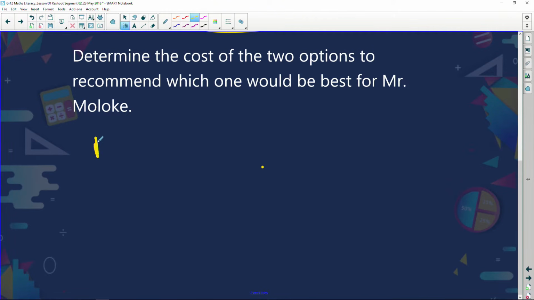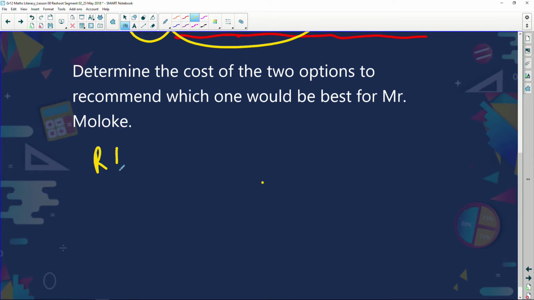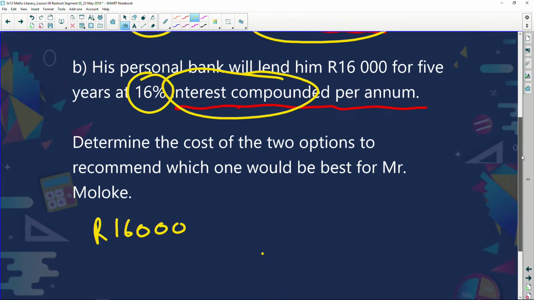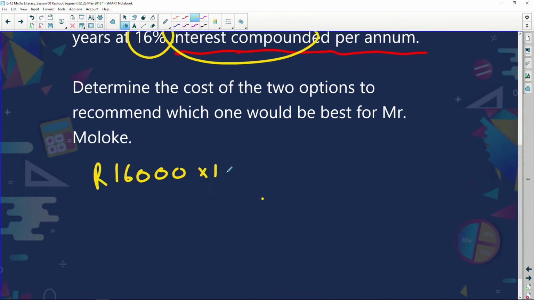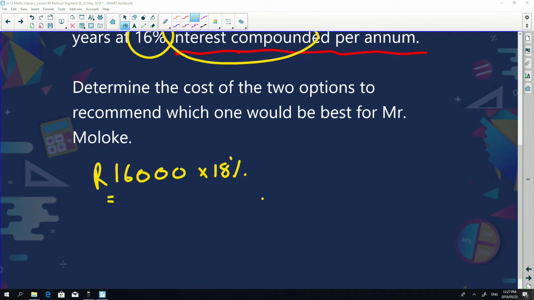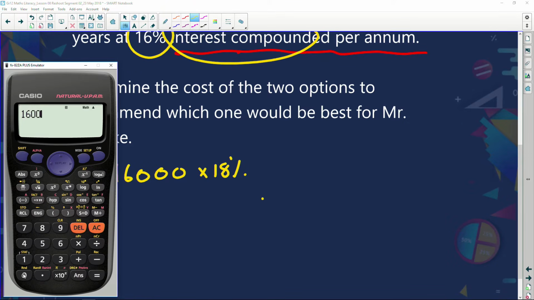We're going to say we're borrowing the 16,000 and our uncle is charging us 18% interest. So we're going to multiply it by 18%, and my calculator is going to do it for me because my brain's nowhere near as good. 16,000 times 18%, and voila, the answer is 2,880 Rand.